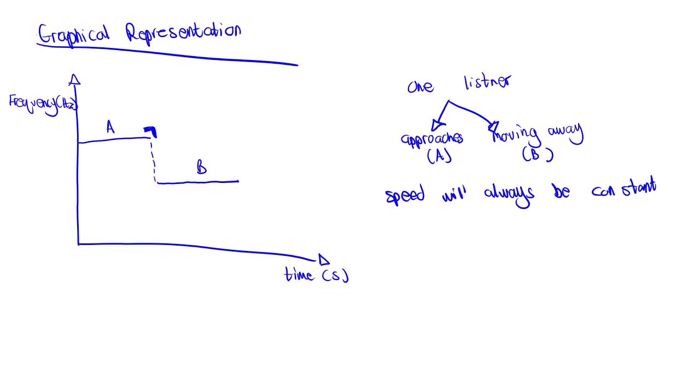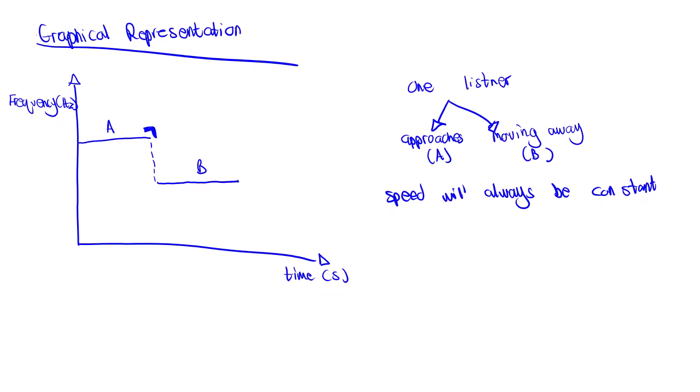But then as the car passes me, it's now moving away from me, which is this part. So this dotted line part is when the car is directly in front of me. But the moment the car passes me, it's no longer directly in front of me.